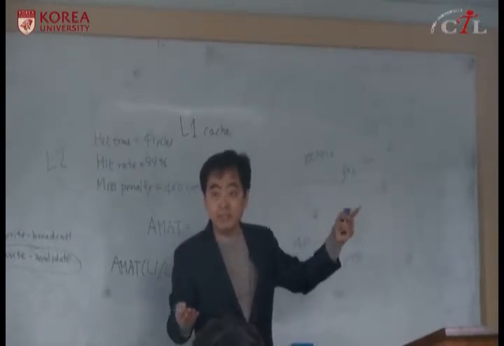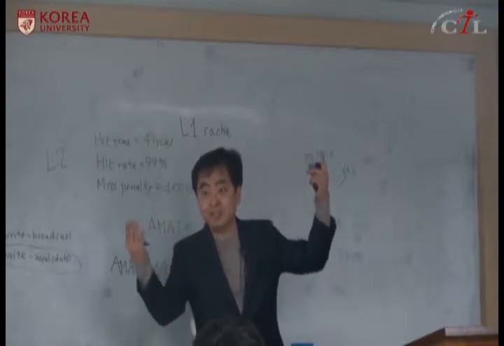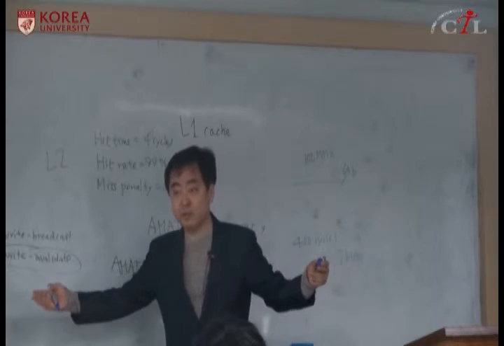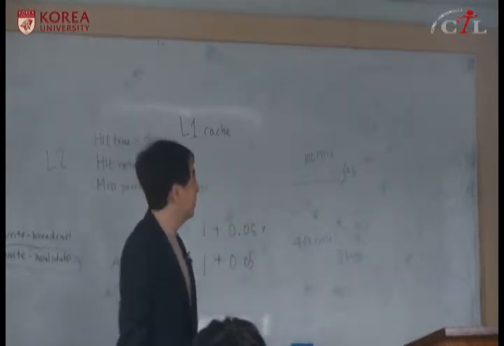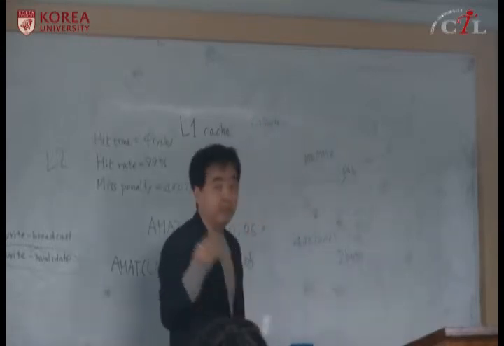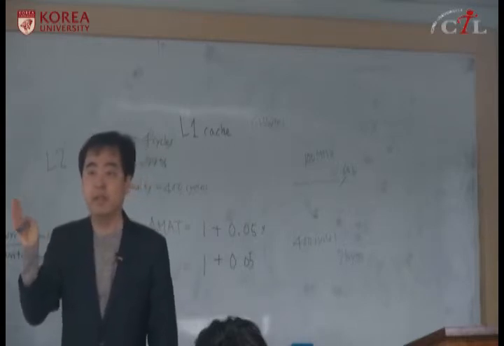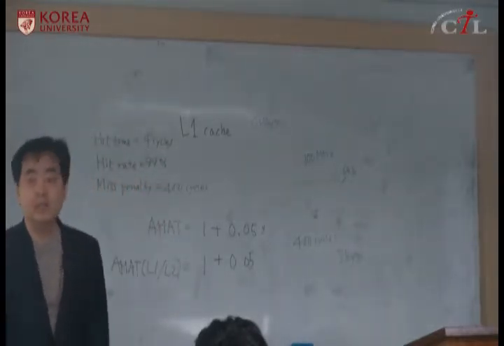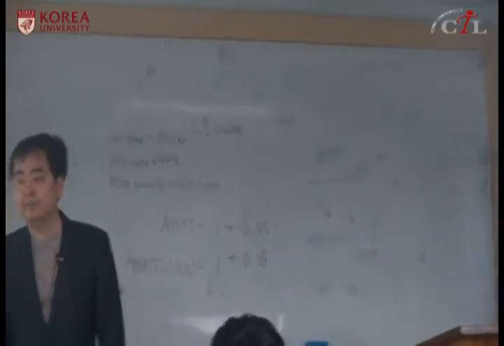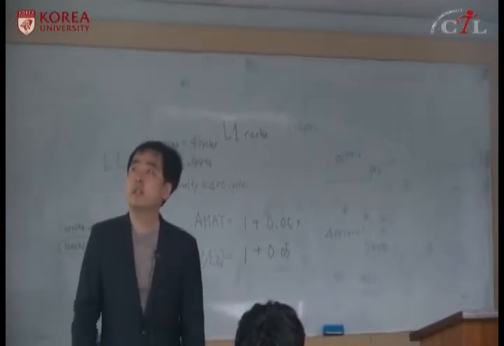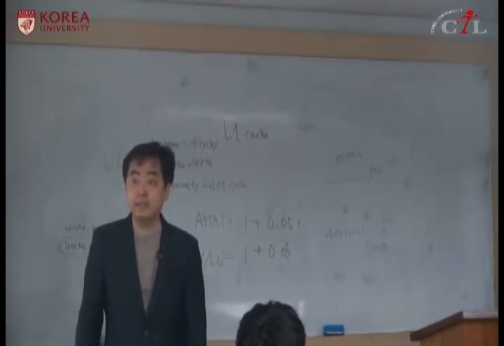In the second clock cycle, another 8 bytes. In the third clock cycle, another 8 bytes, until you fill this cache block, which can be 32 or 64 bytes. If the cache block size is 64 bytes, then you need how many bus clock transfers? 8 times 8, so 8 bus clock transfers. What's the bus cycle time? The bus clock is 100 megahertz, which means 10 nanoseconds.